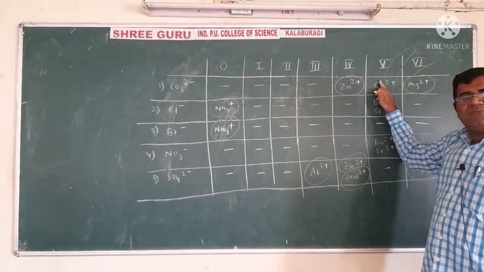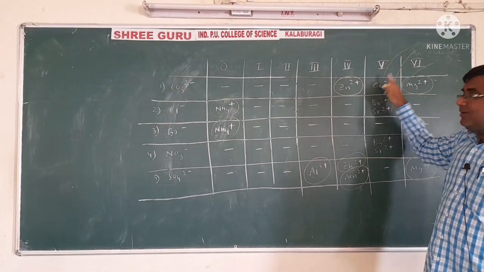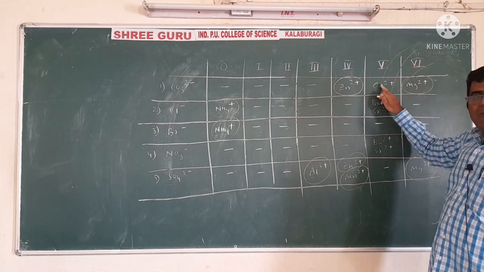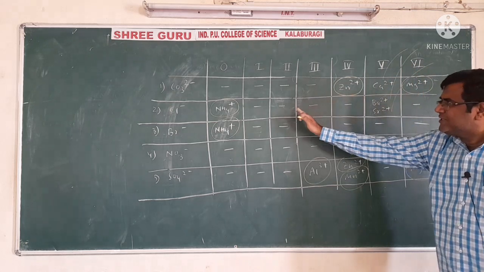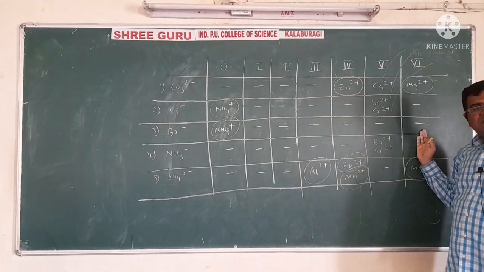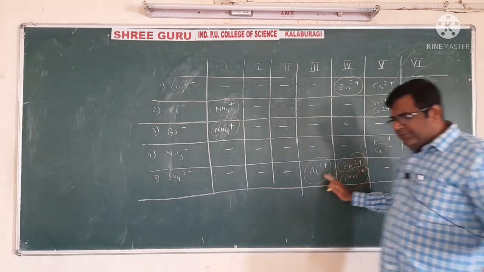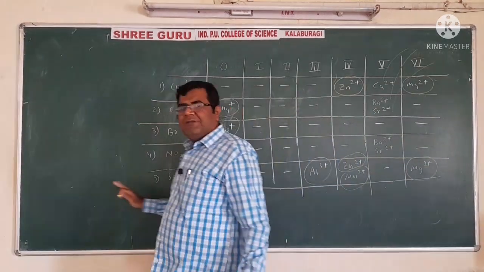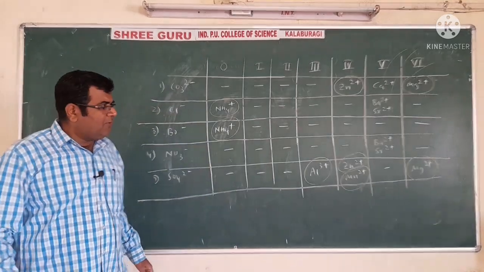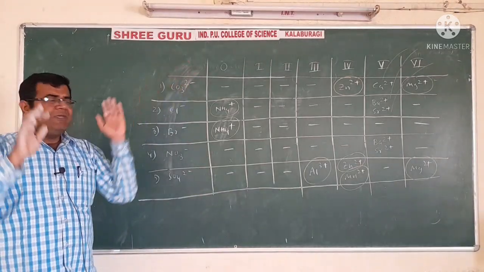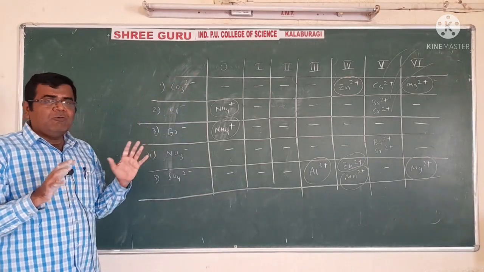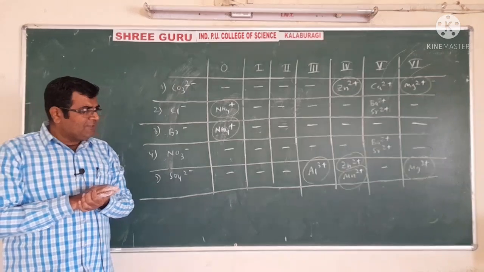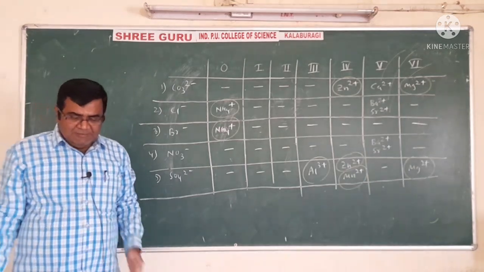Original solution, ammonium chloride, ammonium hydroxide, ammonium carbonate. If all are absent, group 6 is present. So you just make this table, which is a very important table. You have to write it down because it is not given anywhere, but this will help you, a very crucial table, so that all 13 salts will get here.